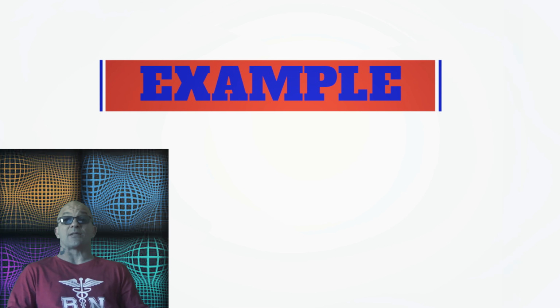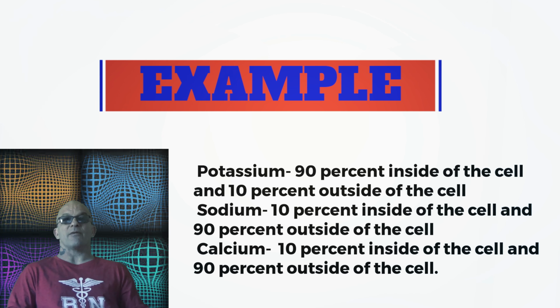We will assign some random whole numbers for the amounts of these ions to make it easier to understand. Just think of potassium as being 90% inside of the cell and 10% outside of the cell. Sodium is 10% inside the cell and 90% outside of the cell. And calcium is 10% inside of the cell and 90% outside of the cell.